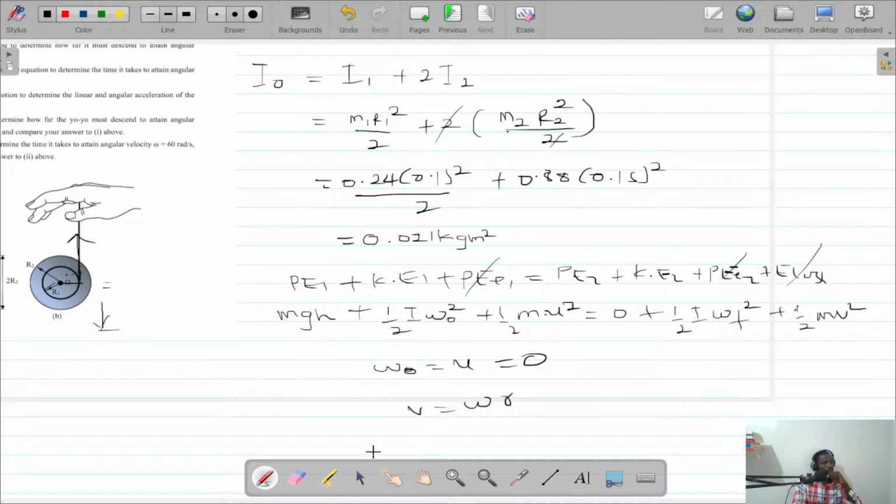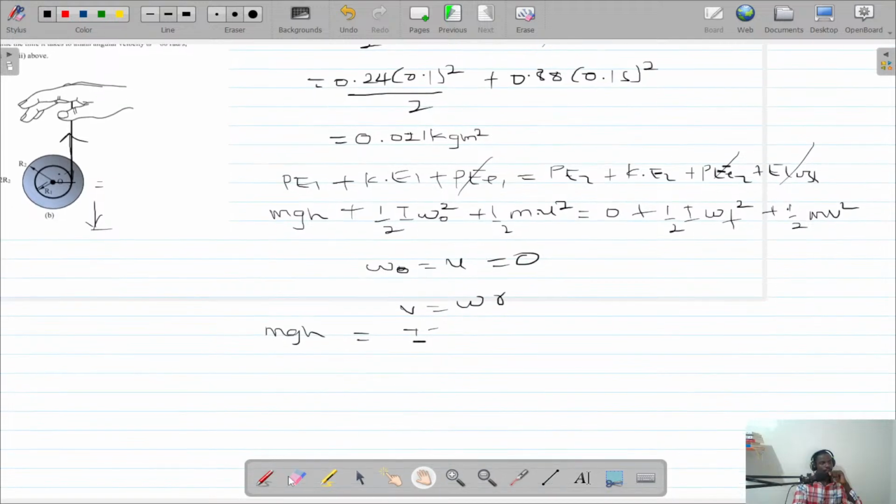So we're going to have mgh equal to half I omega f squared plus half m omega r squared.